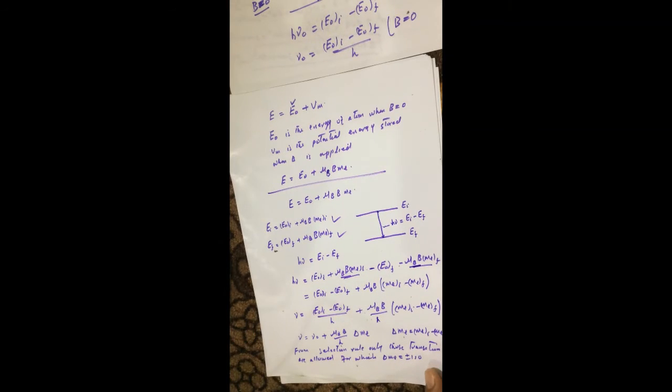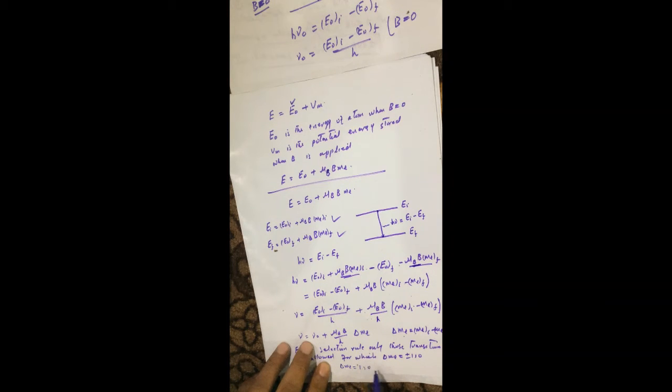So I can say that the delta ML value will be either plus 1 or 0 or minus 1. Now using these values in the above equation.